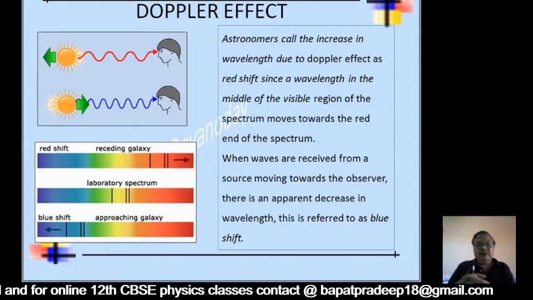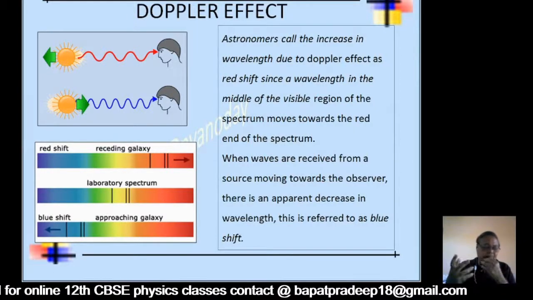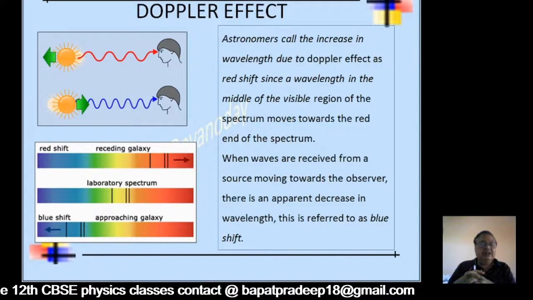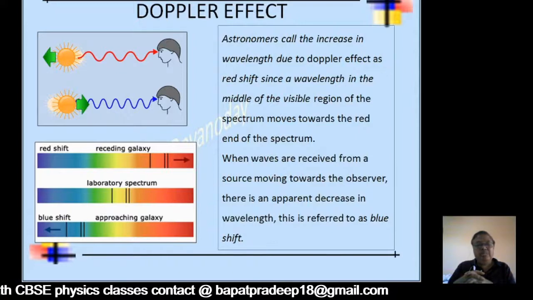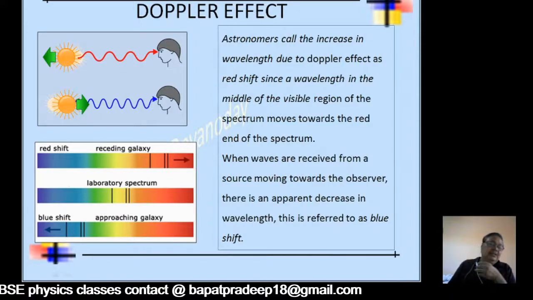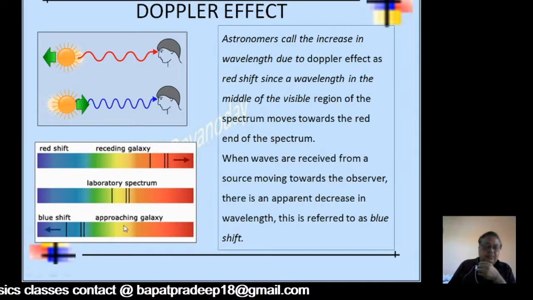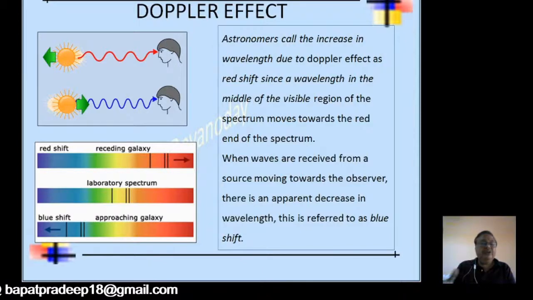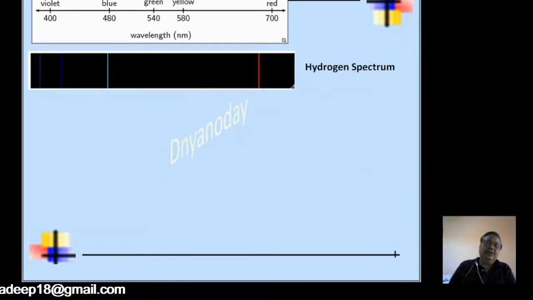Say the sodium spectrum observed from a celestial object will be compared with the laboratory spectrum of sodium, and you will see whether they differ. If you observe a red shift in the spectrum pattern, then you will say the celestial object is going away. If a blue shift is shown in the spectrum, you will say that the celestial object is moving towards you.